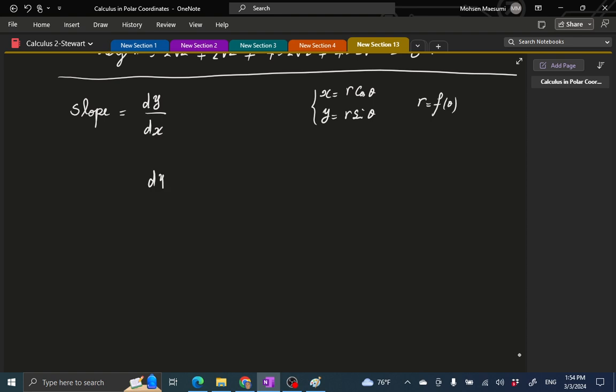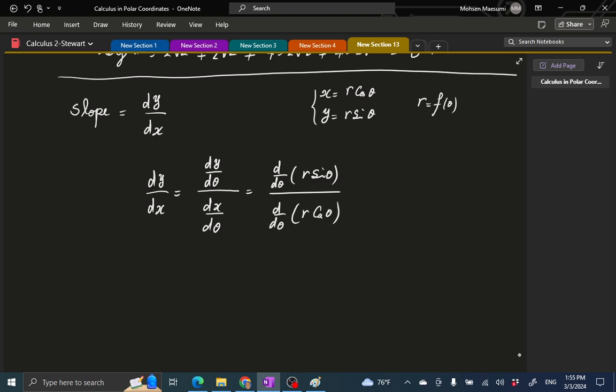Now if I want to calculate dy dx, just like what we did for parametric equations, I can calculate dy d theta divided by dx d theta. That was from the chain rule. So d theta of r sine theta in the numerator and d theta of r cosine theta in the denominator. Well, now we have to apply the product rule.